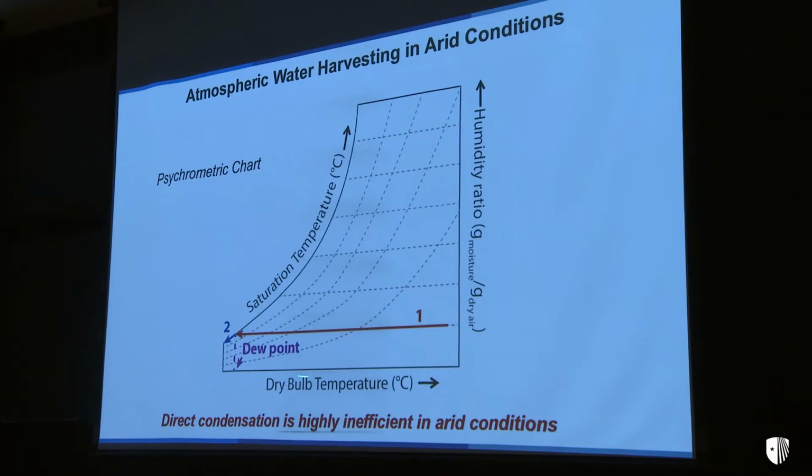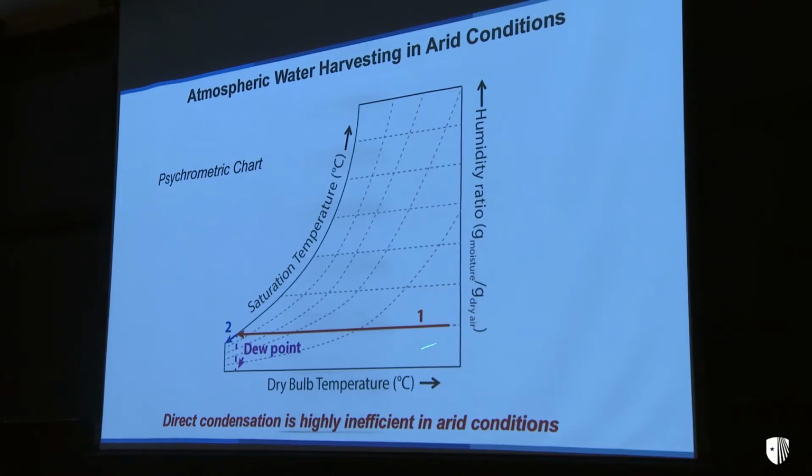Basically, you have temperature increasing in this direction and humidity increasing in this direction. And at low humidity, to be able to get to the dew point, the point at which the air is concentrated with water so that you condense water, you have to cool down to a very low temperature.